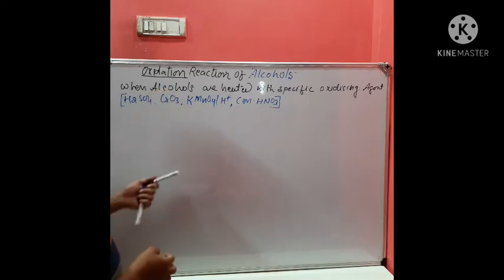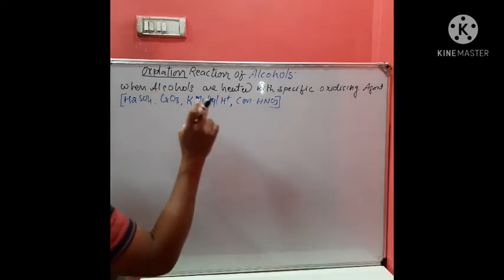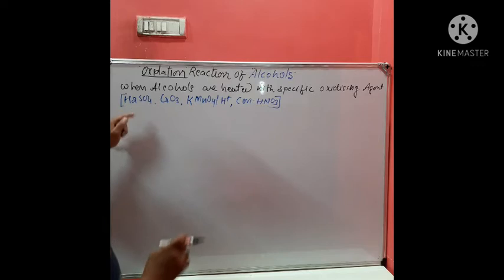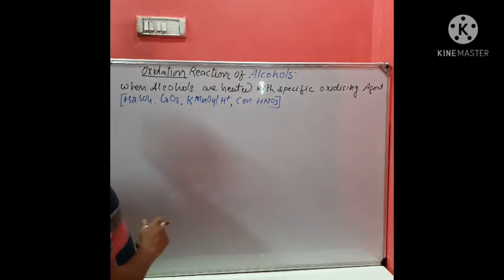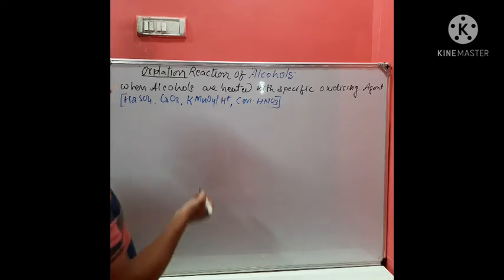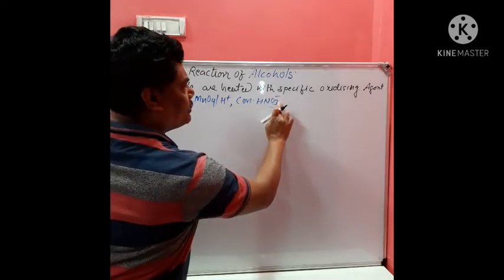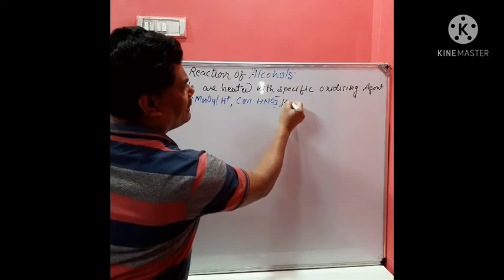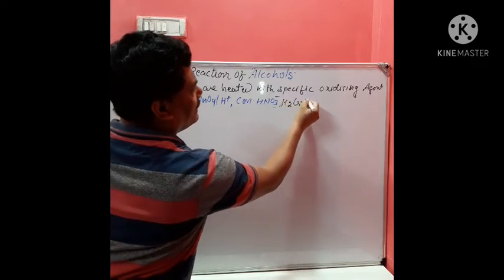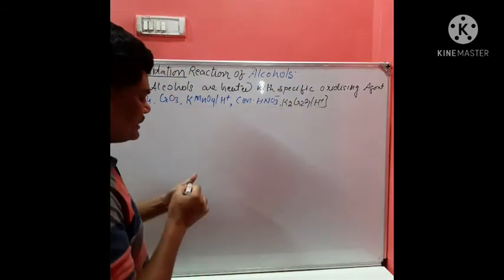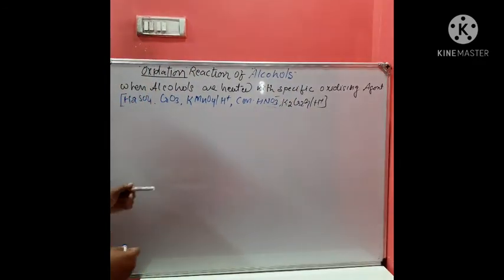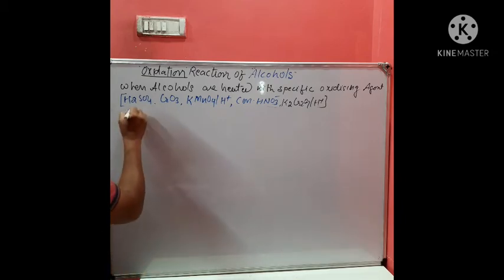So when alcohols are heated with a specific oxidizing agent like concentrated sulfuric acid, CrO3, KMnO4, or potassium dichromate like K2Cr2O7 in the presence of acid, H2SO4, all these are called oxidizing agents.